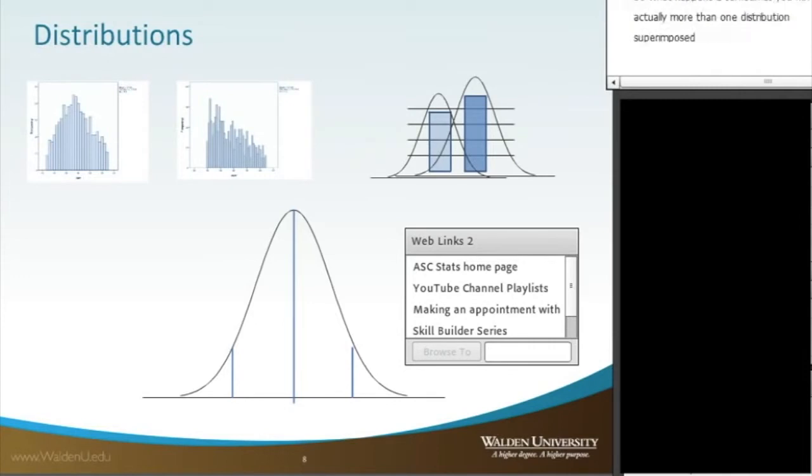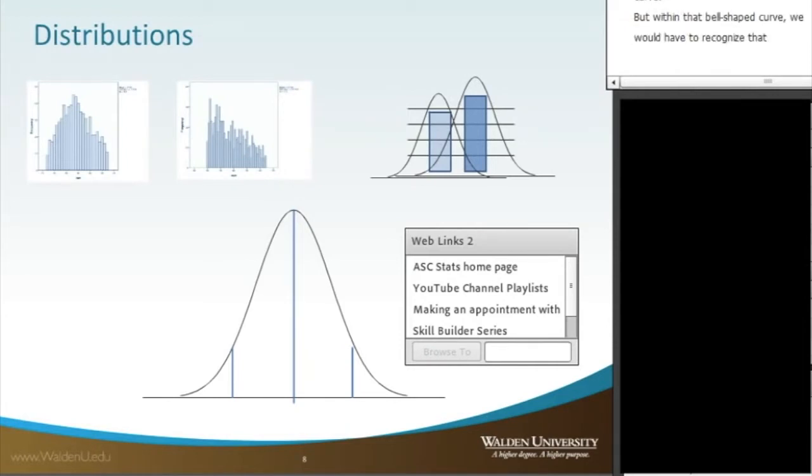Let's use an example. Let's say we want to look at the height of people in the United States. If we got a sample of heights of people that live in the United States, we would probably get a bell-shaped curve. But within that curve, we would have to recognize that we have males and females.